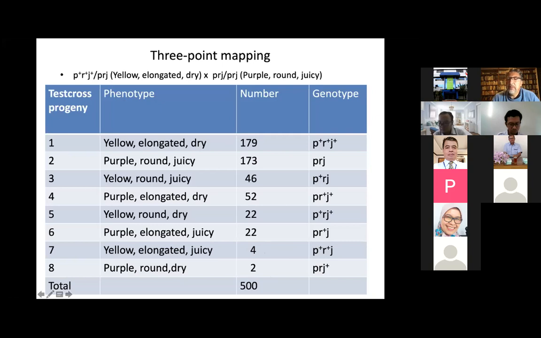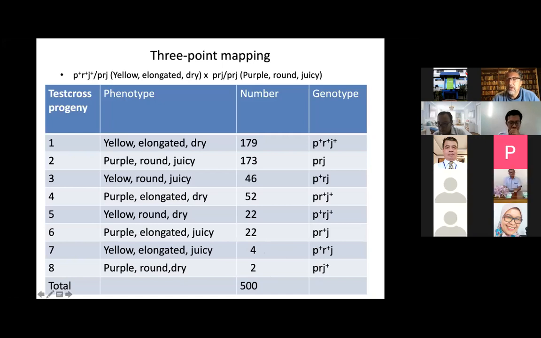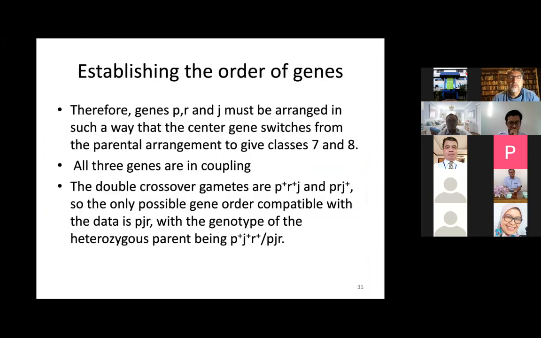P remains plus, R plus, you have J that changes, and P, R small caps, you have J plus changing. So the double crossover gametes are then P plus R plus J and P R J plus.